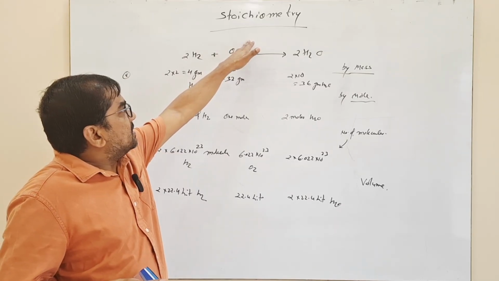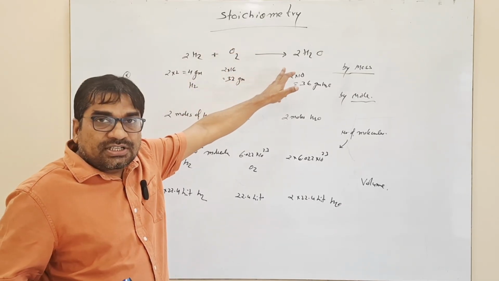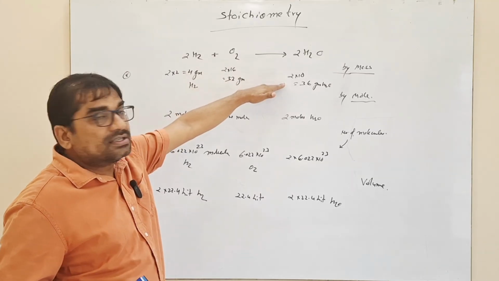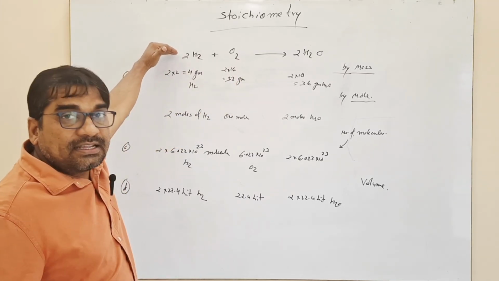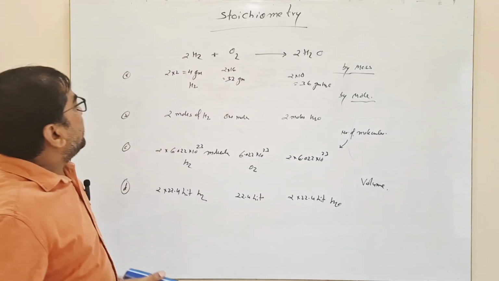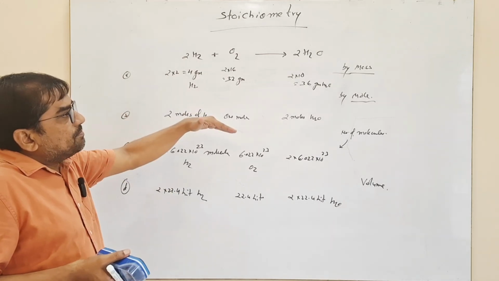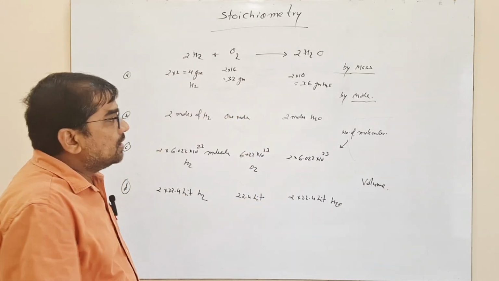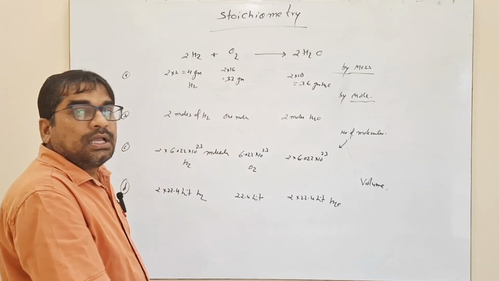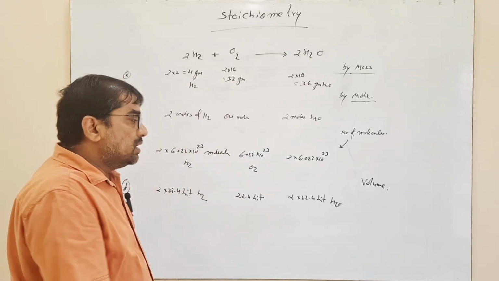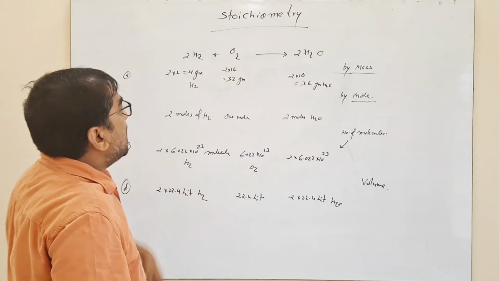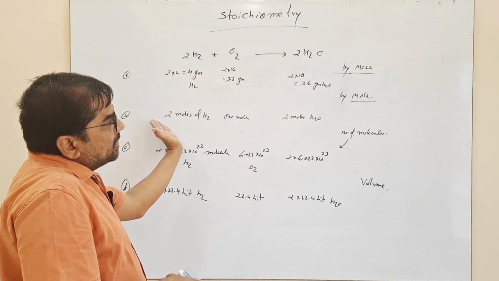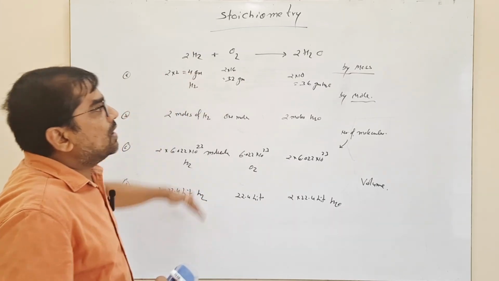It is the quantitative relationship between reactants and products in a balanced chemical equation, where the relationship may be established with mass to mass, or moles to moles, or molecules to molecules, or volume to volume, or mass to volume, or number of particles to moles, and so on.